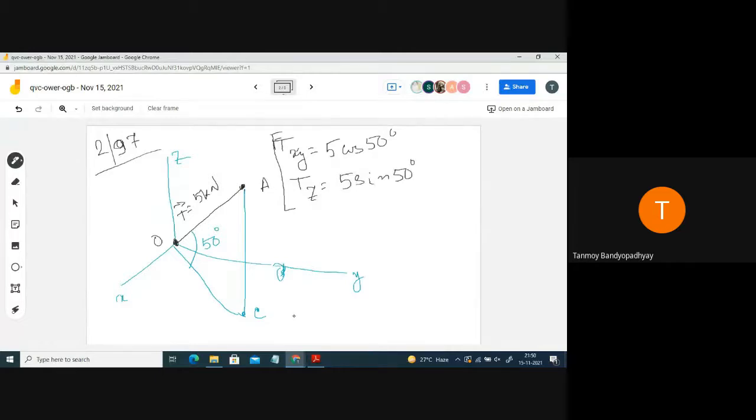Okay, just draw a parallel line here, parallel to this OC line, and you will get the Z component. So this is the FZ component, this is the total. This one is the FZ component and this one is the FXY component.